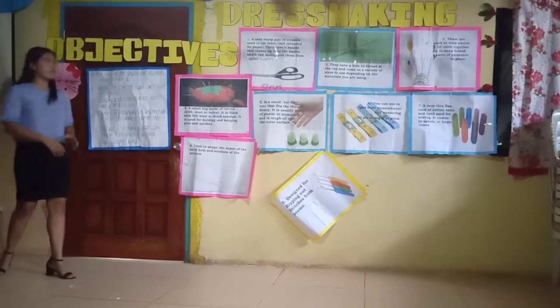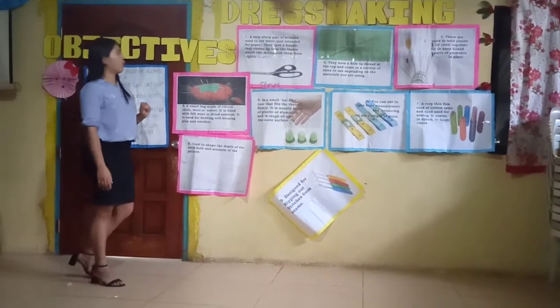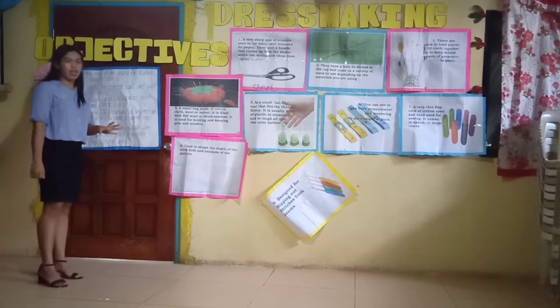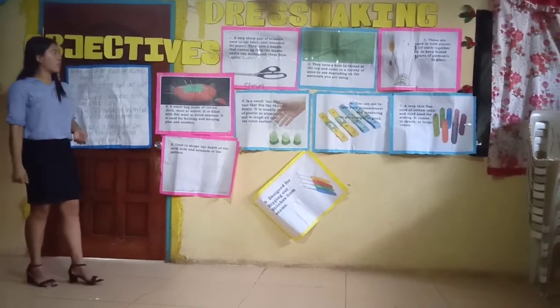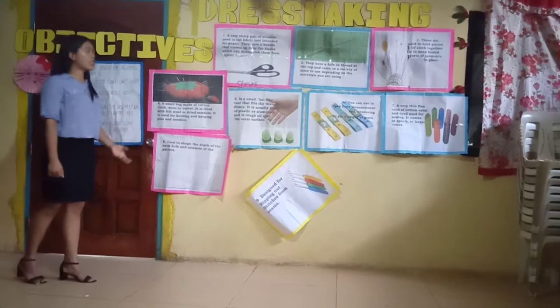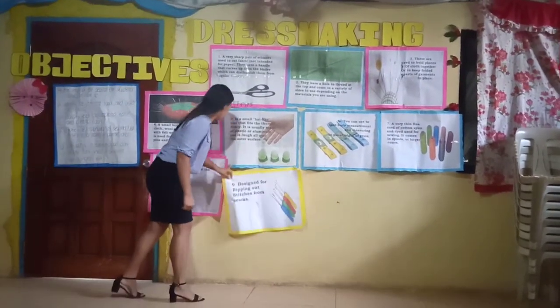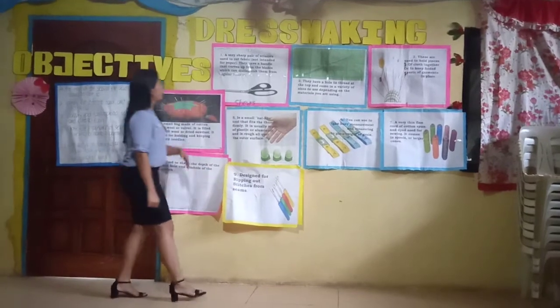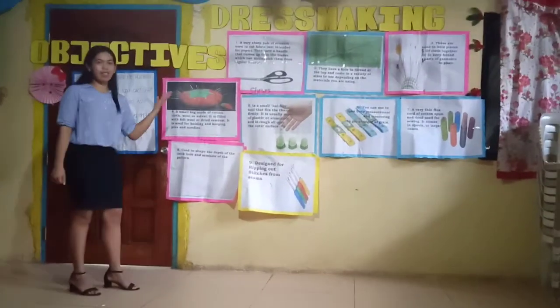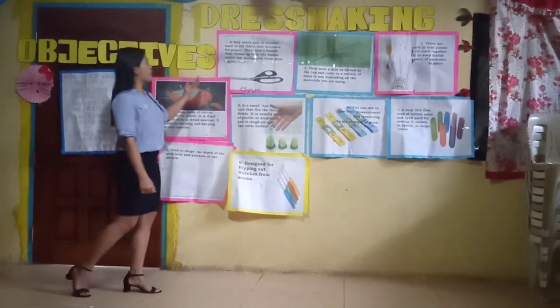After the 2 activities, let's move on to our lesson for this day. My topic for this day is all about the equipment and tools in sewing. In the first picture, Jessa said that this is a shears.